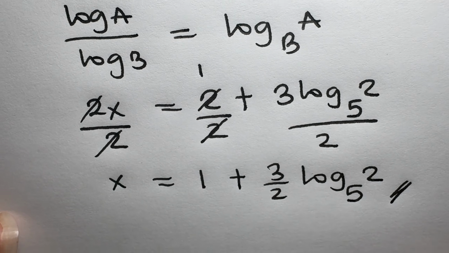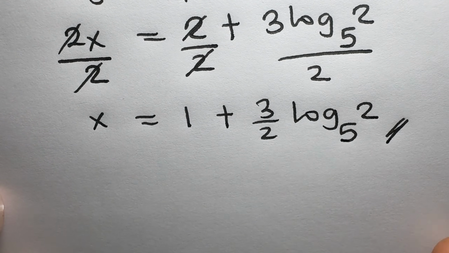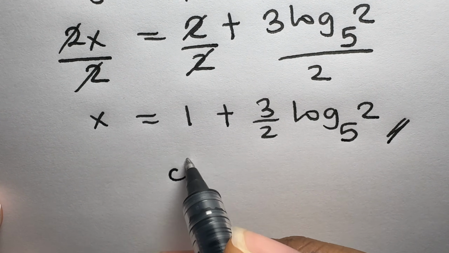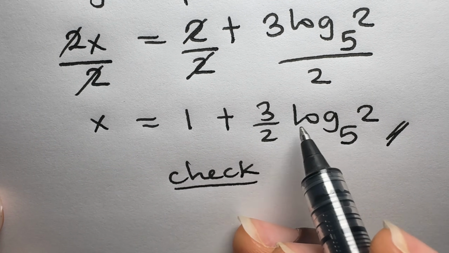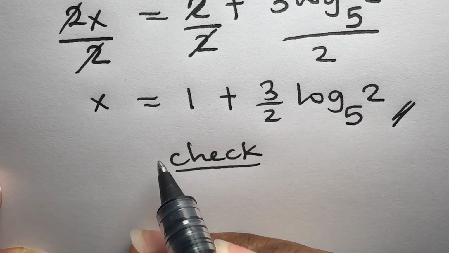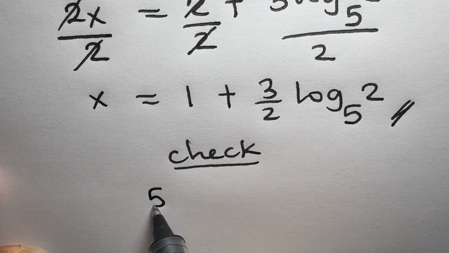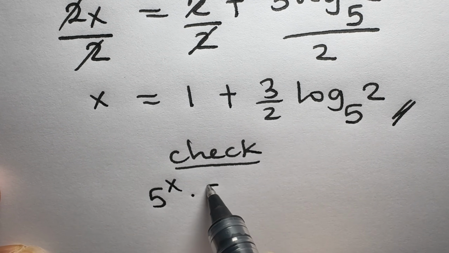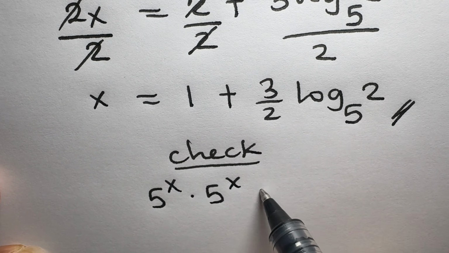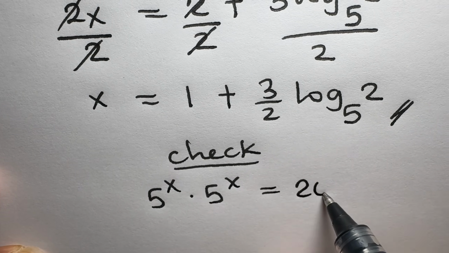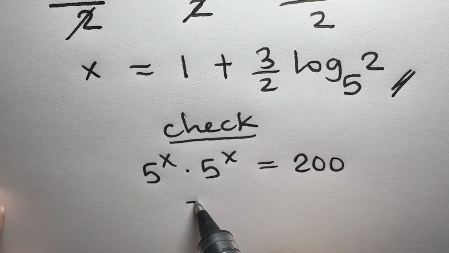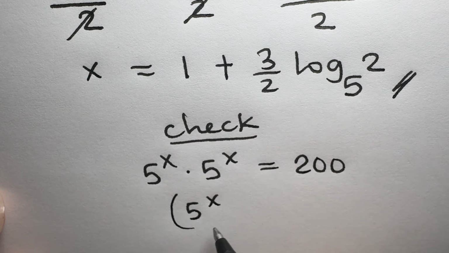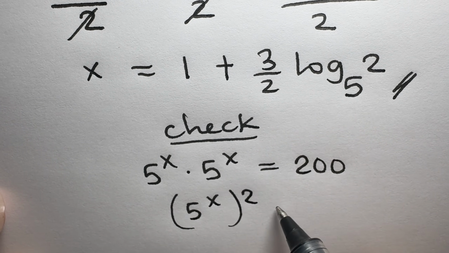Now let us check to confirm that this is correct. By checking, we mean that we are going to substitute this value that we just got into the original equation, which was 5^x times 5^x is equal to 200. This we said is (5^x)^2 to make our work easier.